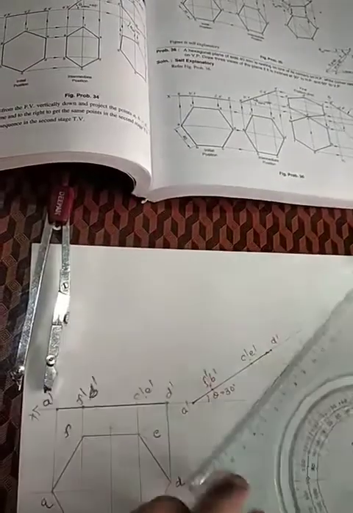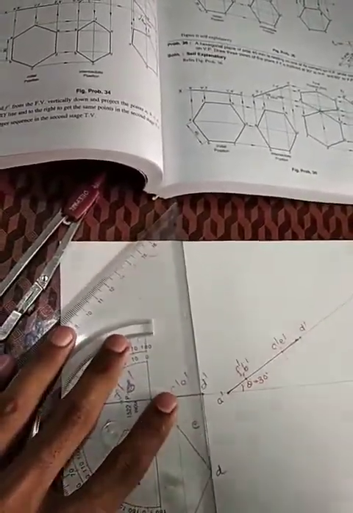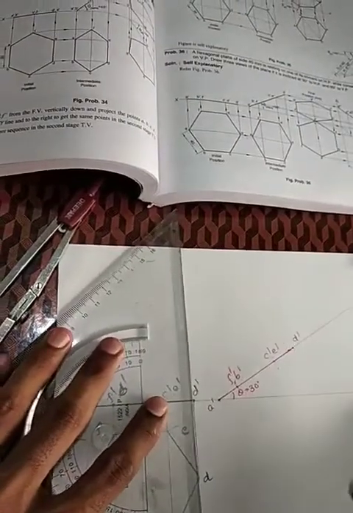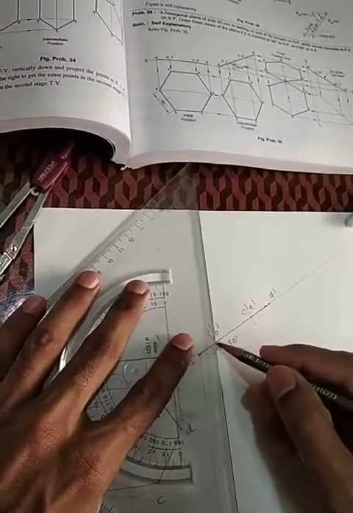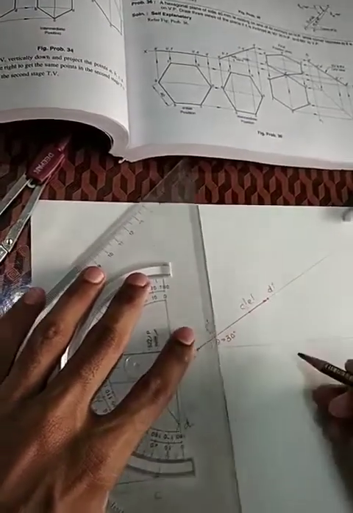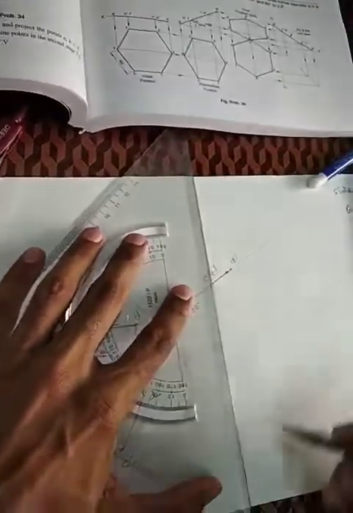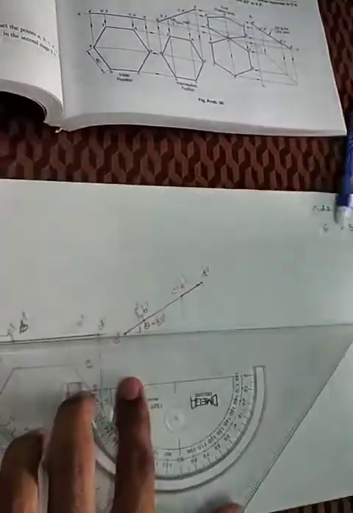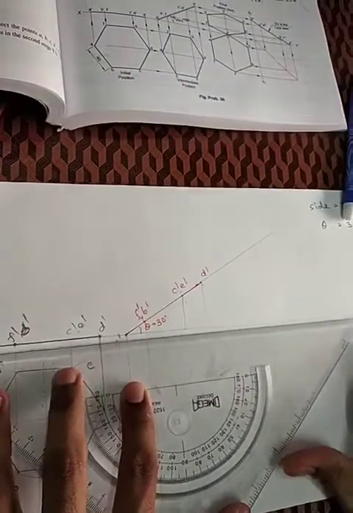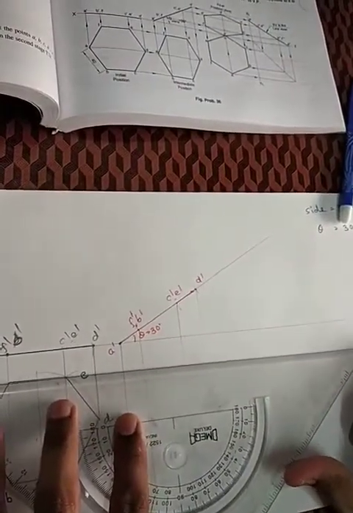Right? After that, take projections of all these points. You have to use your roller scale and draw parallel vertical lines in a downward direction. Draw these lines properly, right? And from this, use your roller scale and draw horizontal lines from all the points of the top views.